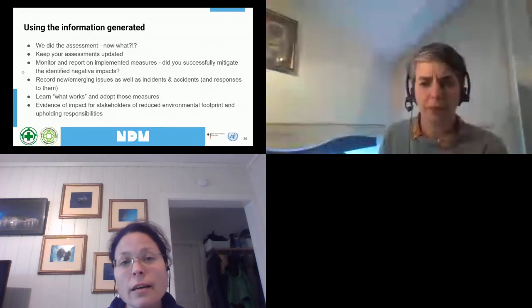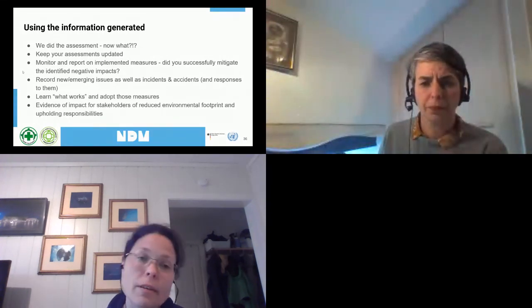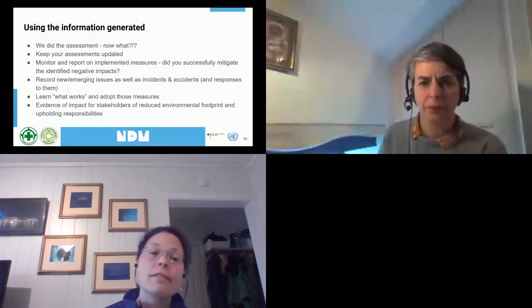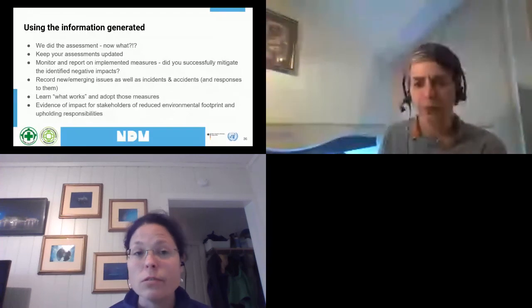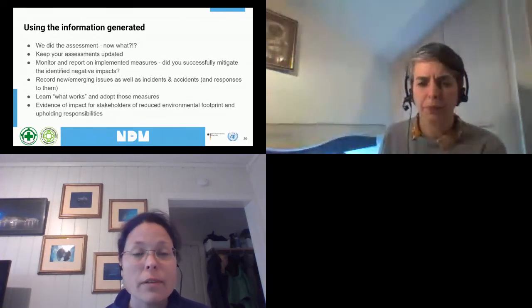And finally, collecting data systematically on environmental impacts and mitigation measures provides us with important evidence of impact for stakeholders, perhaps donors or other funders, of our reduced environmental footprint and our ability to uphold our climate and environment responsibilities.